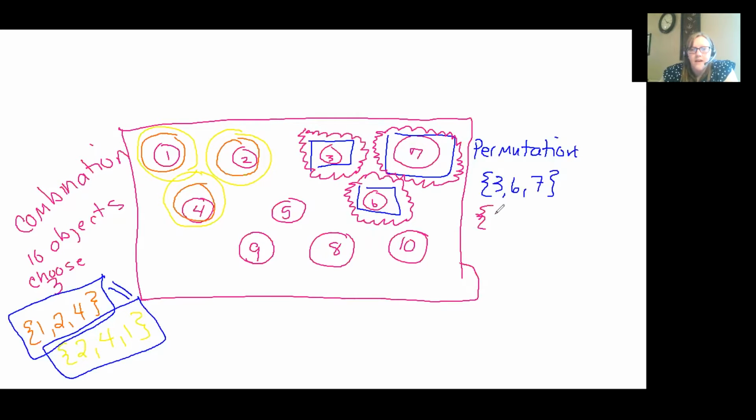So you get the set 7, 6, 3. These two sets are not equal because the order is not the same. Okay. All right, let's work some.